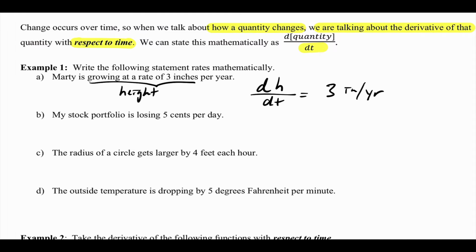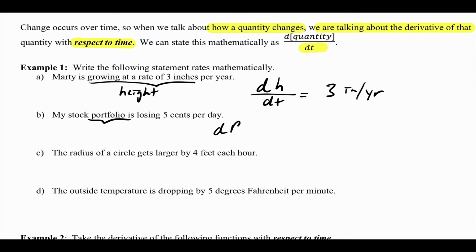Okay. My stock portfolio is losing 5 cents per day. Each stock is losing 5 cents per day. So again, what is the rate? I'm not worried about what the number is. I'm worried about what is the quantity. It could be value, or it could be portfolio, right?